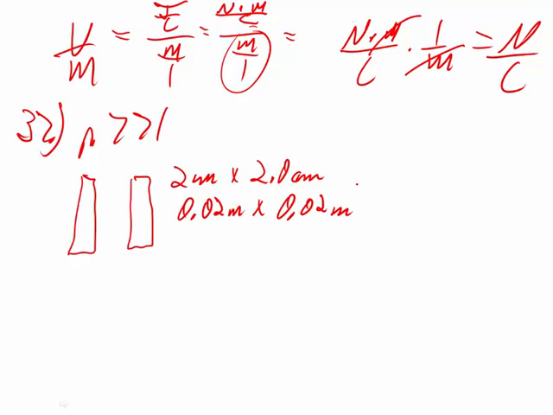Now, they are spaced, how far apart are they? They are spaced 0.5 millimeters. So the distance is equal to that, which is the same as saying 0.5 times 10 to the negative third meters. Or you could say 5 times 10 to the negative fourth meters.